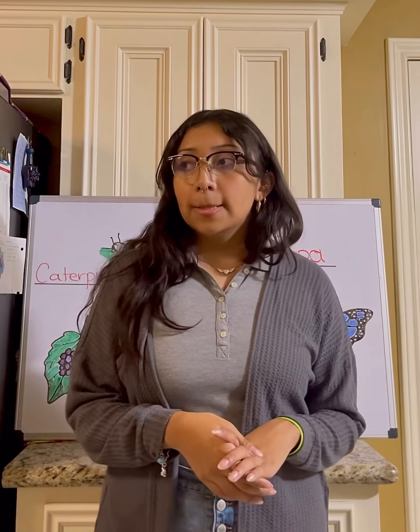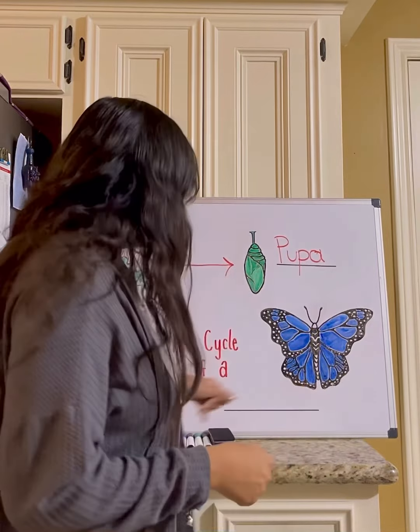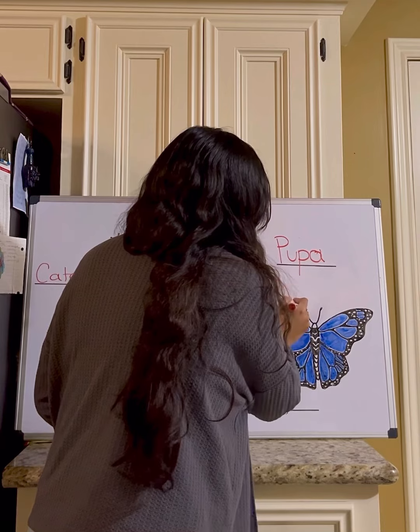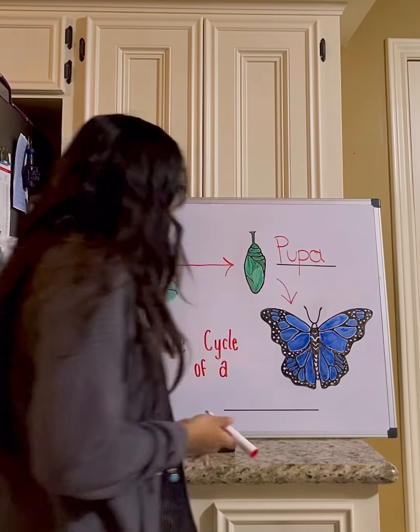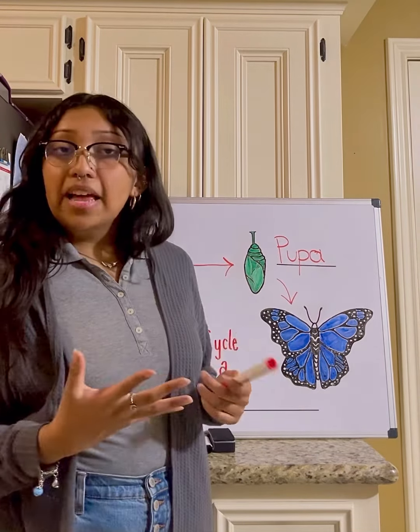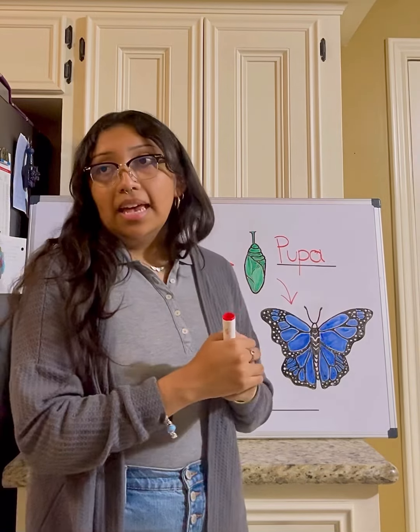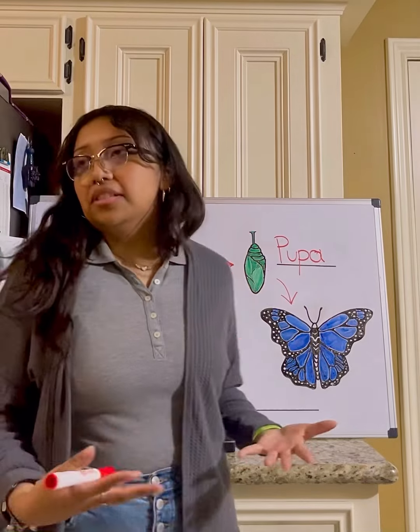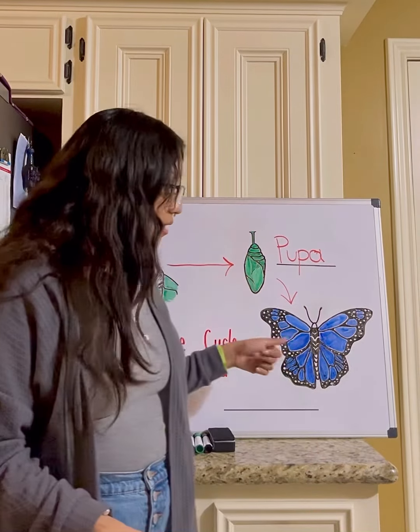All right, so the very final stage of the life cycle is when the butterfly comes out of the pupa, and there you go, it turns into this. Butterflies can look different sometimes. They're not all going to look like this, okay?